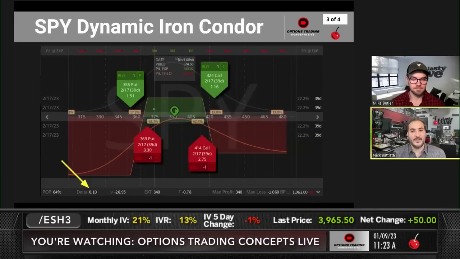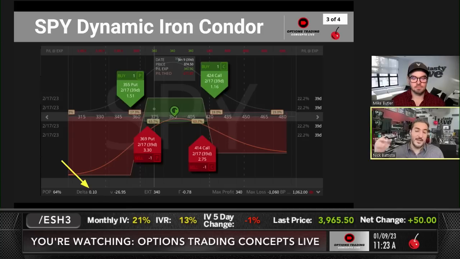All right, so I just went to the February monthly expiration and pulled up a $10 wide iron condor. I went about $10 out of the money on either side, to around the 30-ish delta on the upside, 414. I went to 369 on the downside put. They're the same delta. To get that totally flat delta, you can see the spread skew a little bit here.